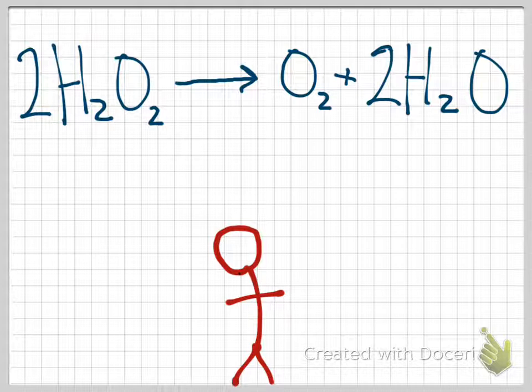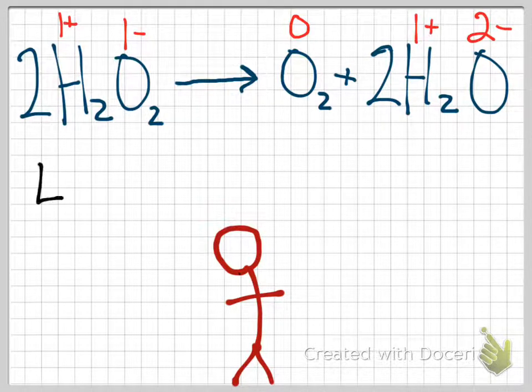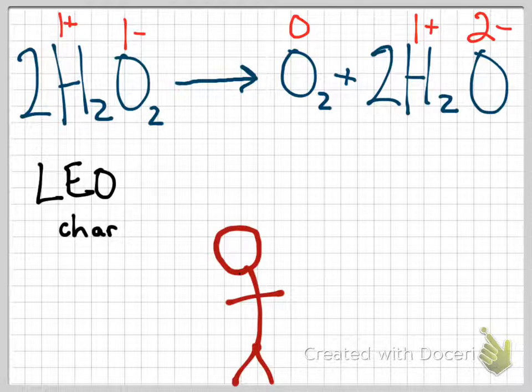Well, remember, in hydrogen peroxide, the oxidation state of oxygen is -1, hydrogen is +1, and here we've seen the producing oxygen gas, which has an oxidation state of 0, and in the water, the oxidation state of oxygen is -2, and the oxidation state of hydrogen is +1.